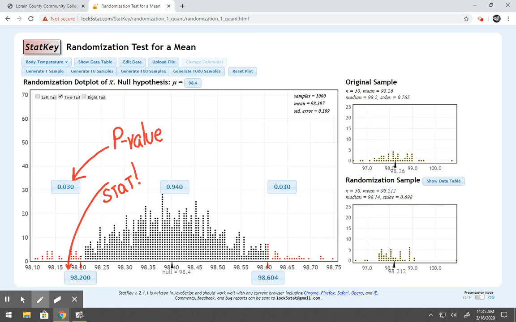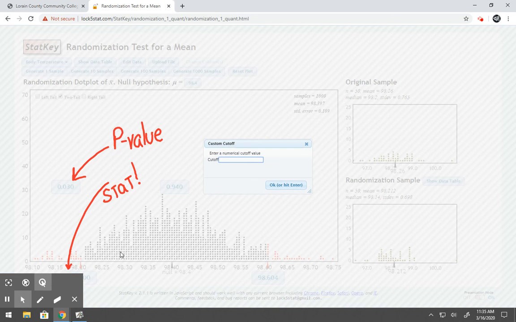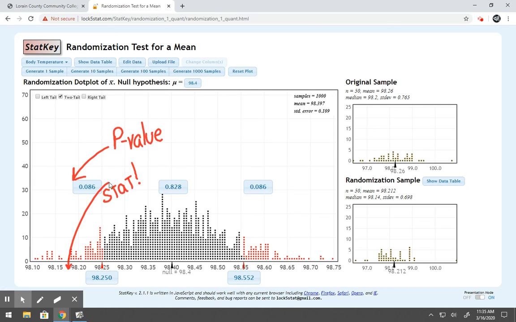I'll do that again one more time for you. As I change the stat, I'm going to move the stat up to 98.25. In essence, I'm changing the cutoff, and the p-value accordingly changed to 0.086. As the stat goes to the right, closer, it's going to get more dots.